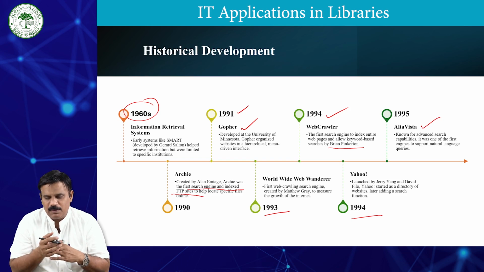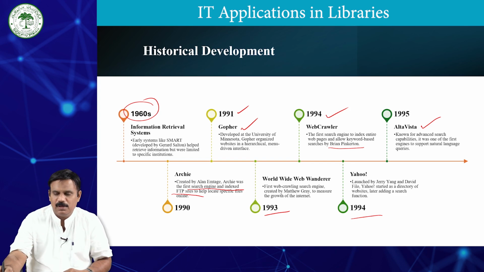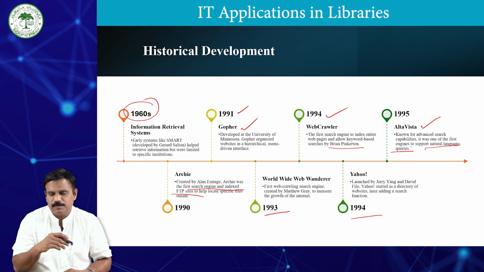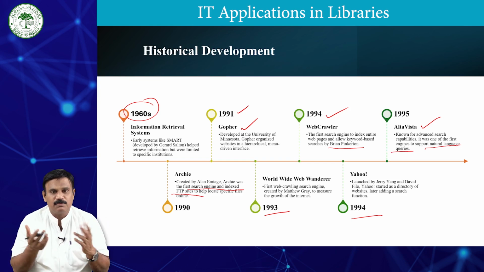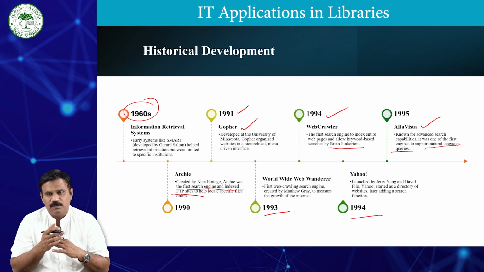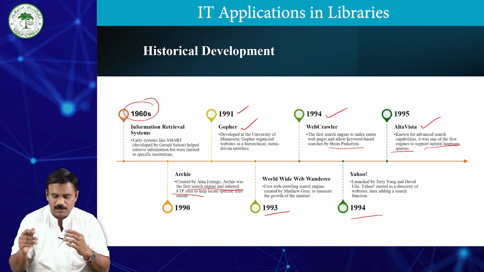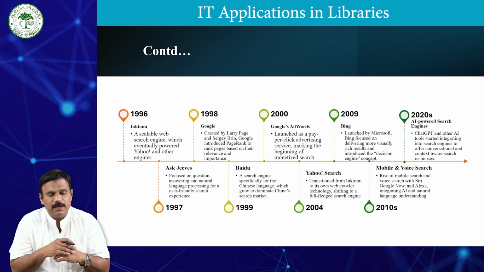It is known for advanced search capabilities, and it was one of the first search engines to support natural language queries. This is the first user-friendly search facility we got, in the form of AltaVista.